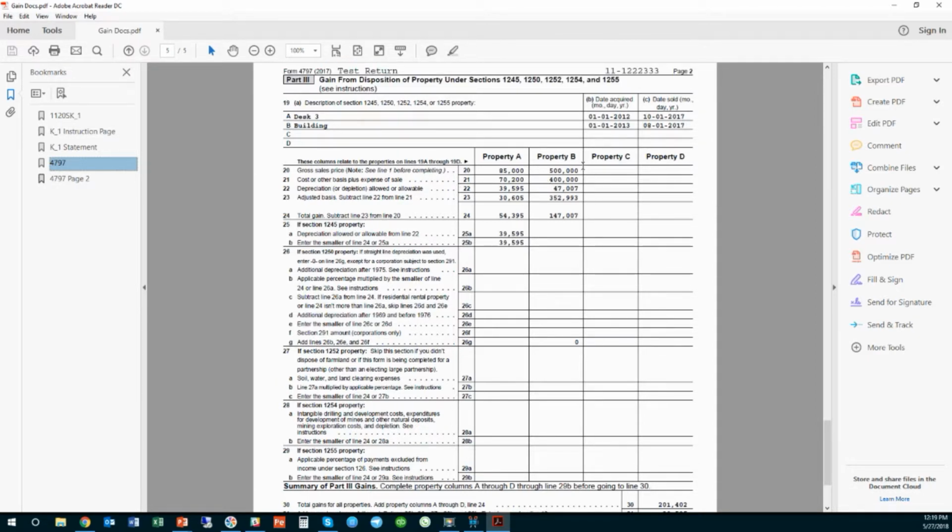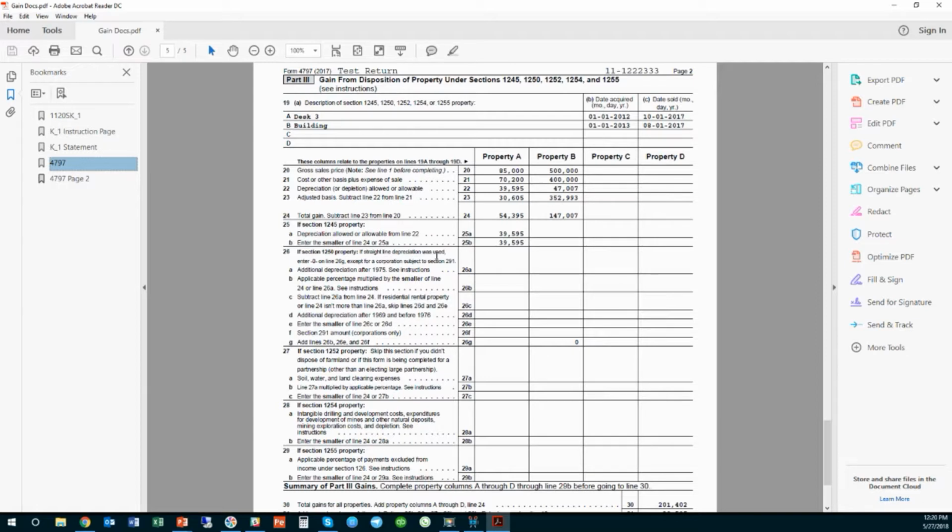Here, it's a similar situation. We've got a $500,000 sales price, an original cost of $400,000, and depreciation of $47,007, and an adjusted basis here of $352 on this building, and then we've got total gain. It's 1250 property, right? So if section 1250 property, that's that next section right here.